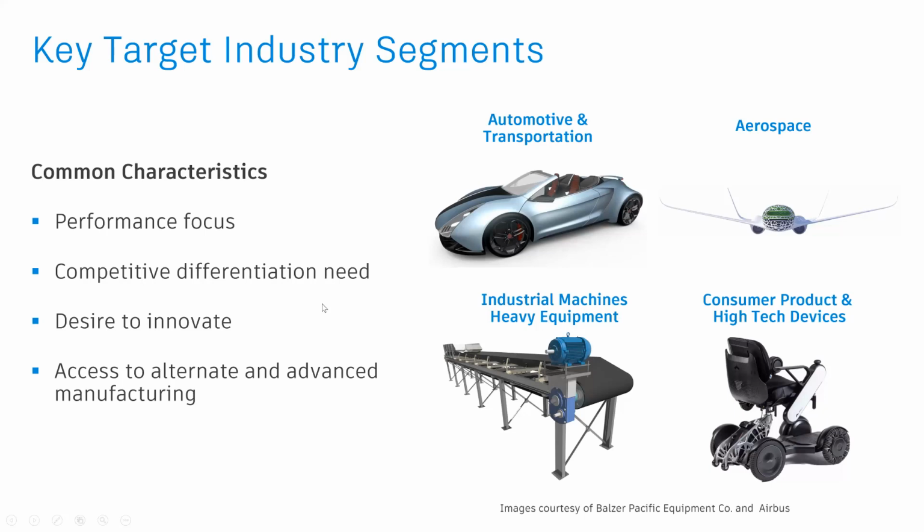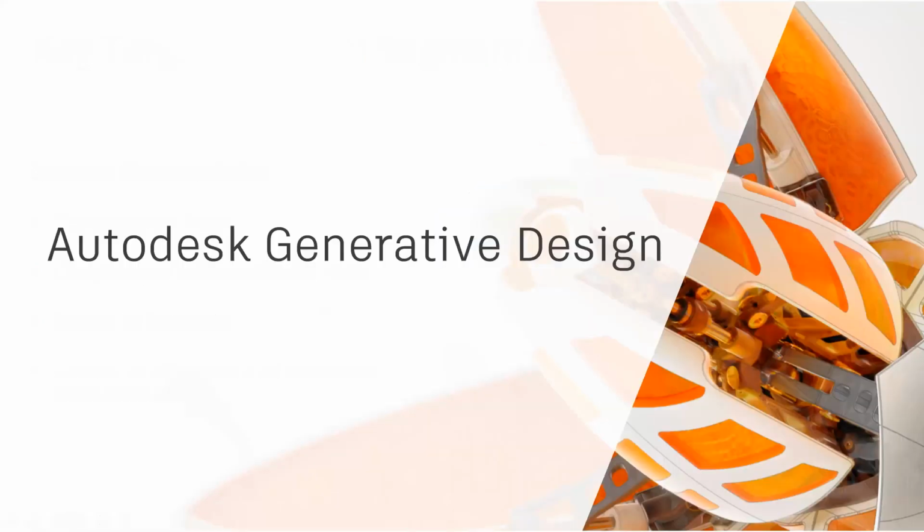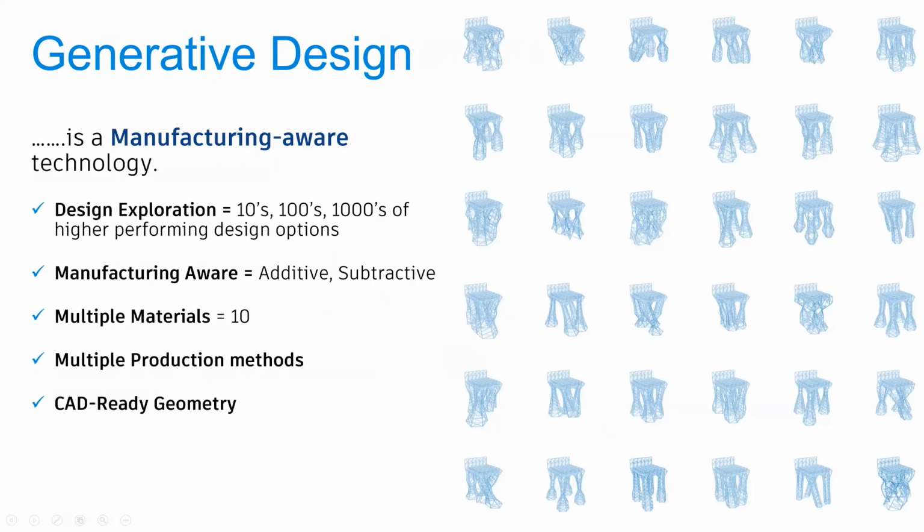So let's get a bit more in depth about what generative design is all about. As I have established earlier, generative design is a design exploration technology which is manufacturing aware. A lot of people might start getting confused. Oh, is it the same as topology optimization?